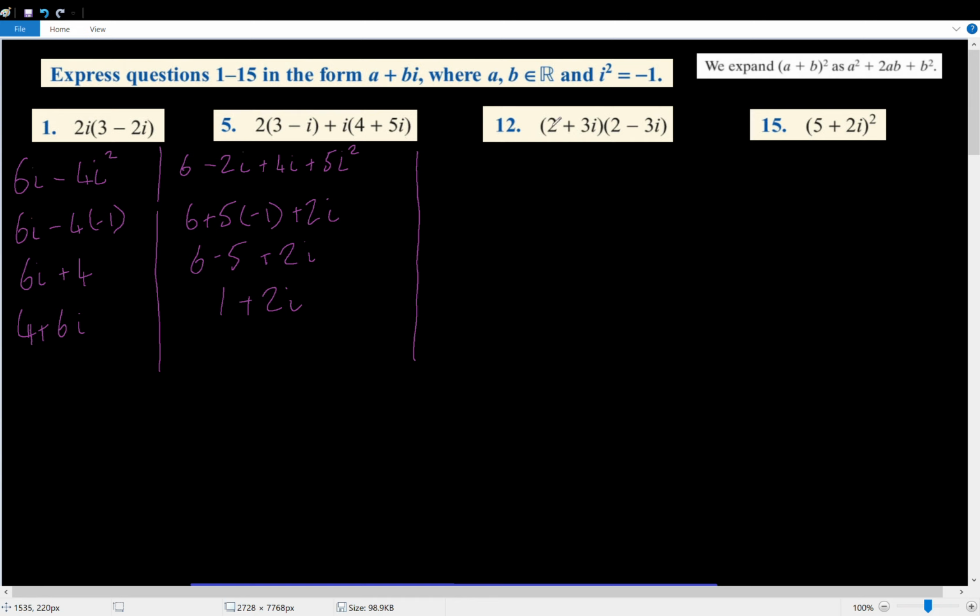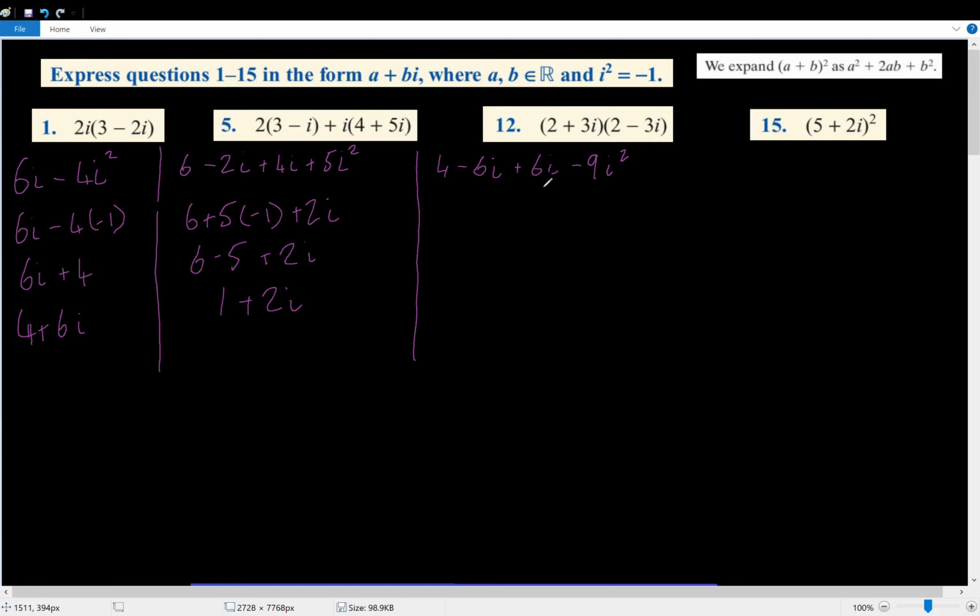So if we just multiply everything in the bracket on the left by everything in the bracket on the right, we got 2 by 2 is 4, and 2 by minus 3i is minus 6i, and then 3i by 2 is plus 6i, and then 3i by minus 3i is going to be minus 9i squared, like that.